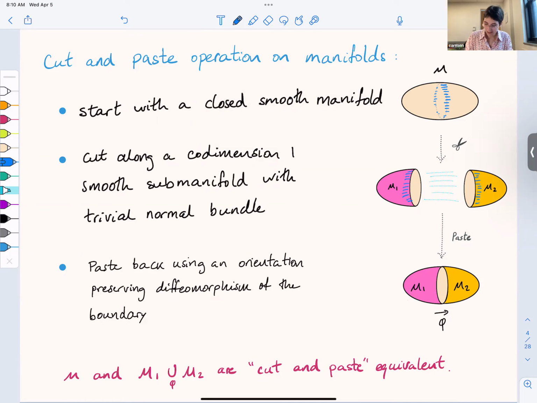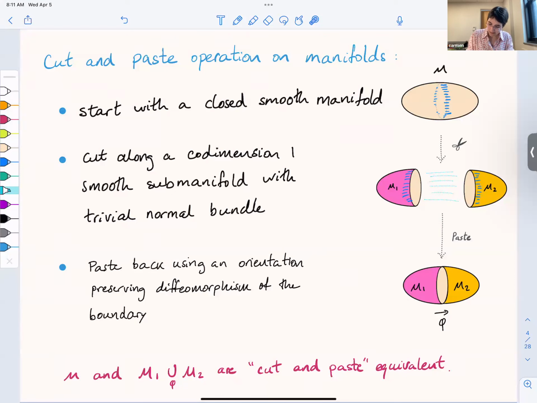Okay, so if you're playing by the rules and doing your cut along this framed co-dimension 1 submanifold, then you end up with these 2 pieces, M1 and M2. And obviously the boundaries of these 2 manifolds, because it was the place where you've cut, these 2 boundary components are the same manifold, or at the very least they are diffeomorphic.